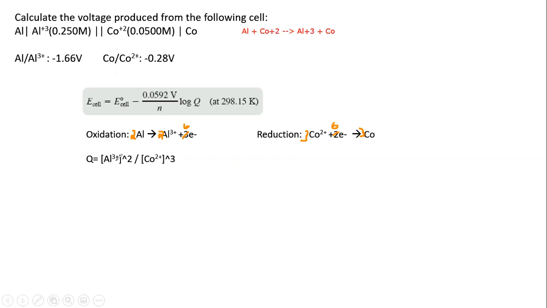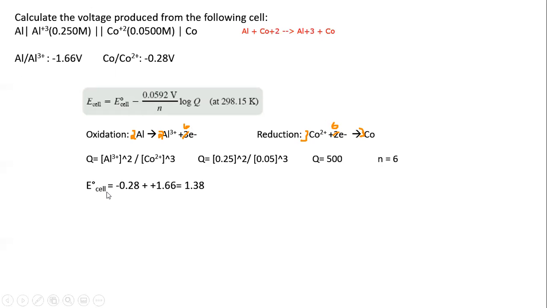So notice the aluminum concentration is squared, cobalt concentration is cubed. So we plug in the values of our concentrations of reactants and products, and we get a Q of 500. So this tells us there's lots of product, very little reactant. So as we can imagine, this is going to decrease the cell potential. We know that the moles of electrons transferred is 6 in the balanced redox reaction.